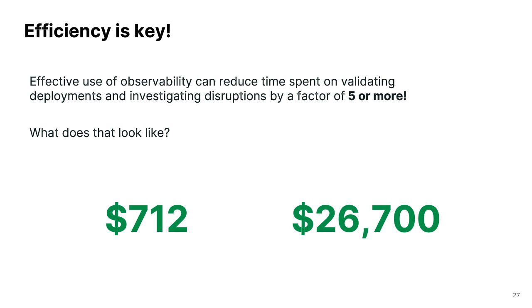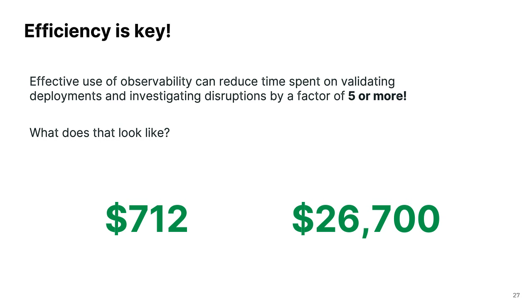But maybe even more importantly, the time that it takes to validate a deployment can come way down, from more than $130,000 a year down to about $26,000 or $27,000 a year. And that's really just because instead of spending half an hour to see if the deployment was successful, you can do that in 5 minutes or less. That's really about the effectiveness of people doing these very common and frequent tasks.